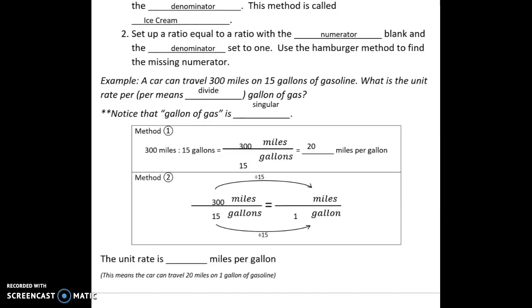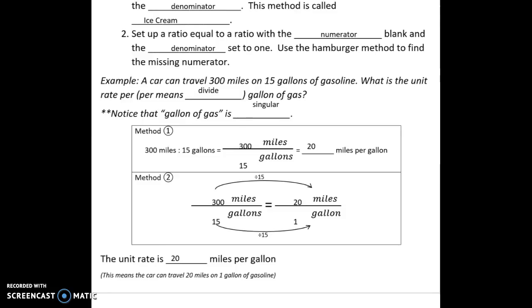So that means that whatever you do to the bottom, you do to the top. 300 divided by 15 will give us 20, just like it did in method 1. So the unit rate is 20 miles per gallon. This means the car can travel 20 miles on 1 gallon of gasoline.